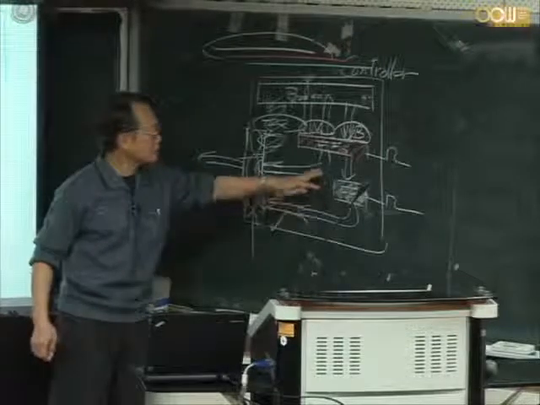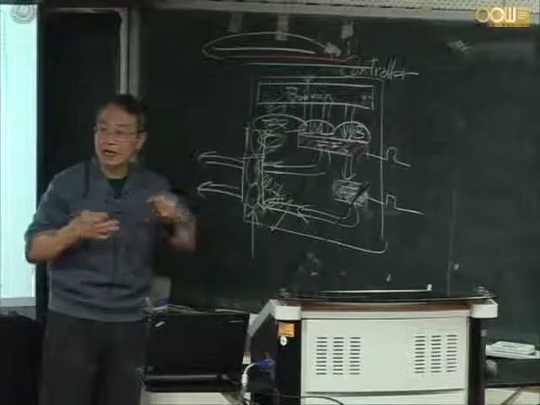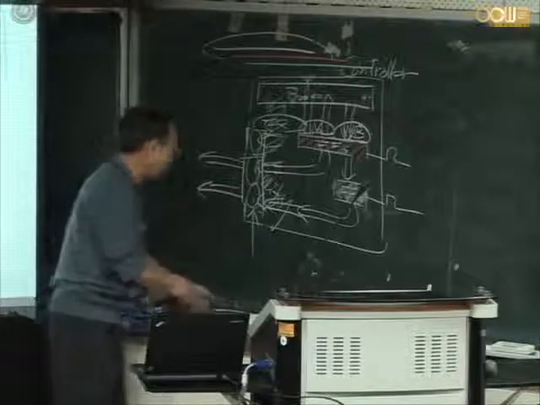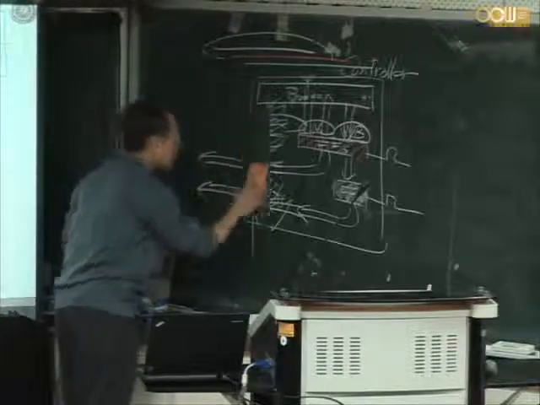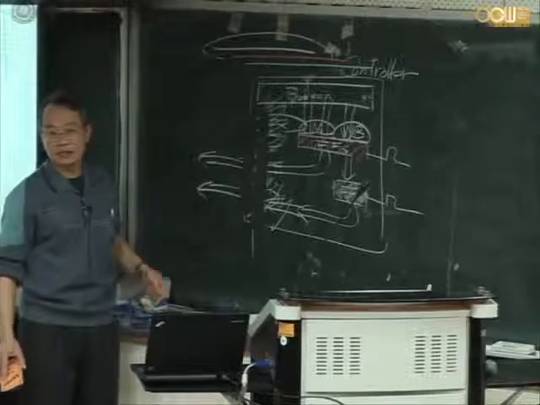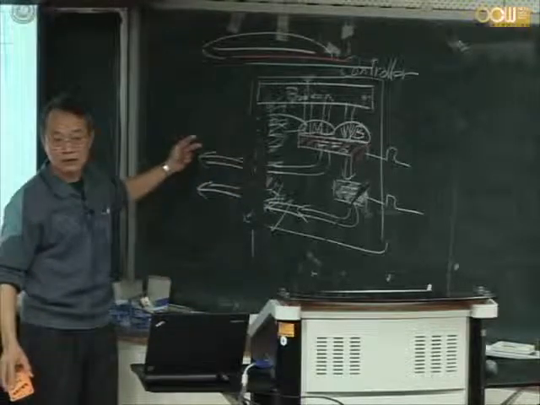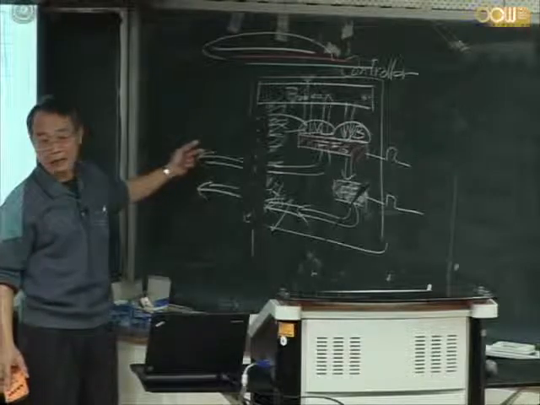And since all these instructions are in play in the data path, I don't need this gate anymore. Just let them go out and control the data path.